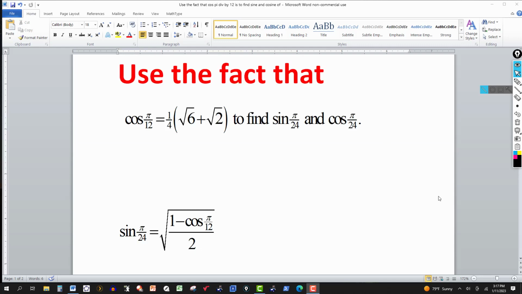So here's the way I'm going to start it. I have the sine of pi over 24, and pi over 24 in degrees is 15 degrees, so it's in the first quadrant, so obviously we have the positive square root.